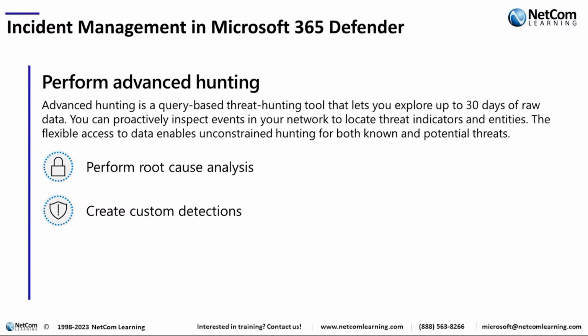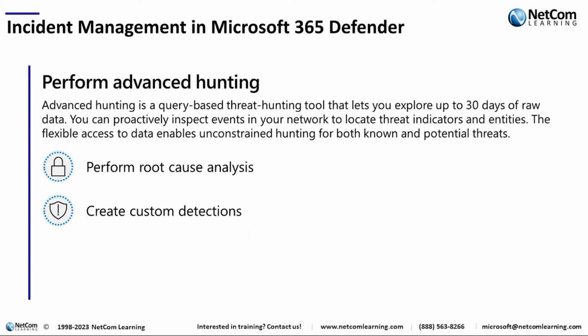When we're setting up the system and we want to look for information in it, we can set up what's referred to as advanced hunting. And as it says, advanced hunting is a query-based threat hunting tool that lets you explore up to 30 days of raw data so you can proactively inspect events in your network to locate threat indicators and entities.